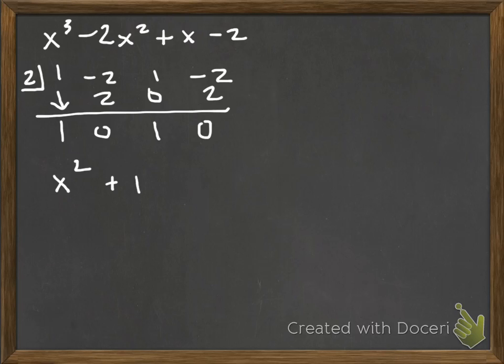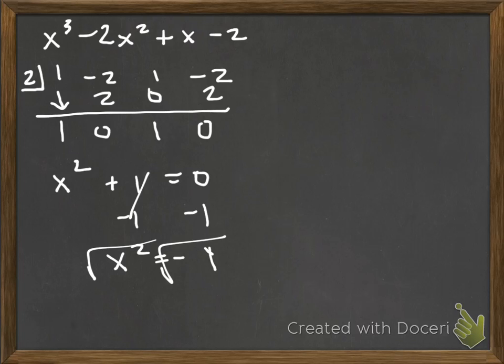The whole purpose of doing synthetic multiple times is to get us down to the 2nd power. Once you're in the 2nd power, we can always use the quadratic formula or check to see if it's factorable. This one we don't necessarily need the quadratic formula for because there's no b term, so I'm just going to set it equal to 0, and I need to get x by itself, so I subtract 1. x squared equals -1.